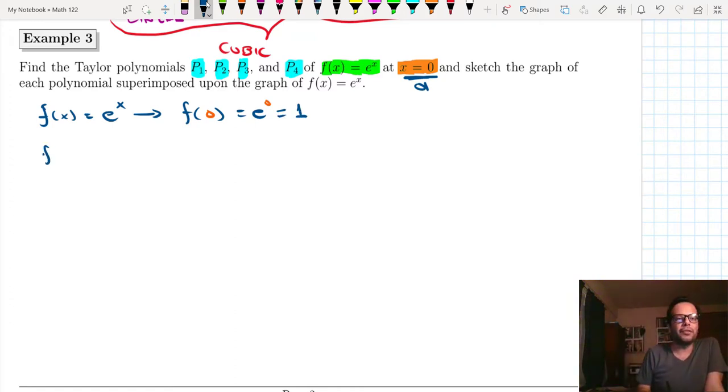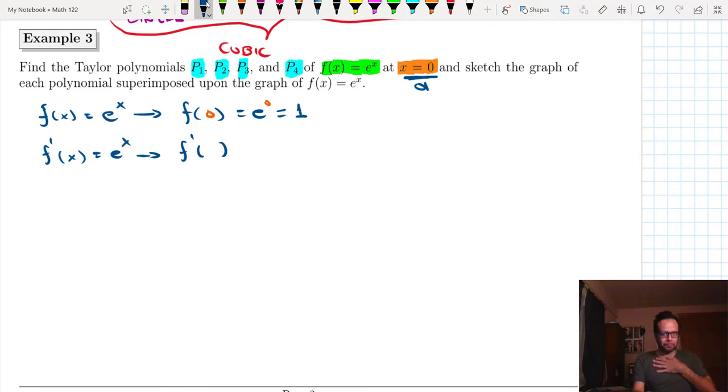And then take the first derivative. The derivative of e to the x is itself. Evaluate the first derivative at the same point, x equals 0. f prime of 0, e to the 0, that equals 1.